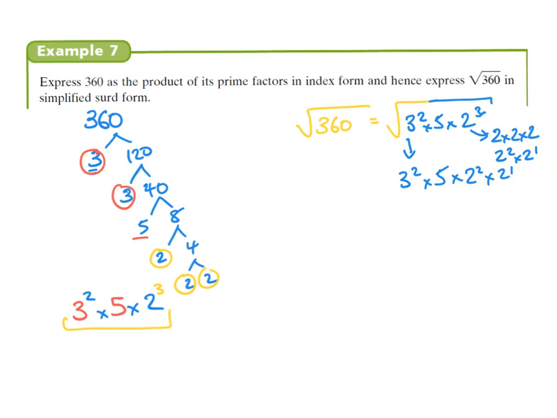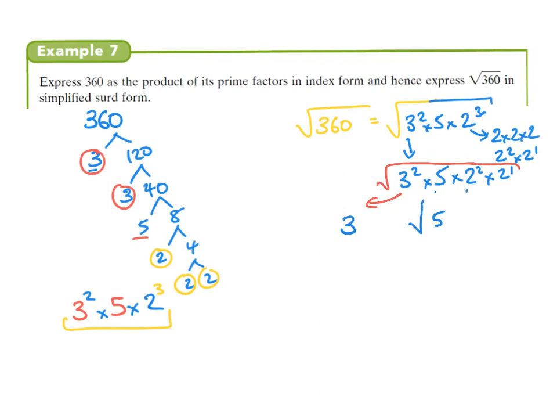Now I'm yet to square root that, so I'm going to keep this surd sign in place. And what I'm going to do is pull the 3 squared out of that to make it 3. So once I've square rooted it, it becomes 3. The 5, I can't do anything with it, so it's going to stay inside the surd sign.